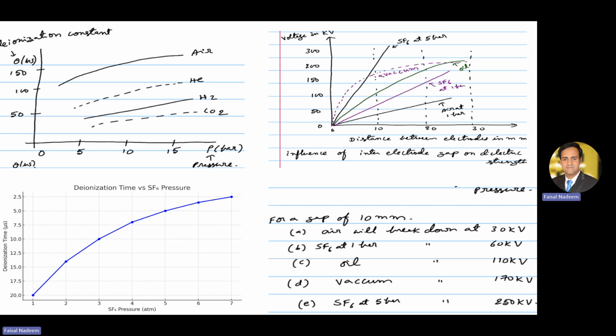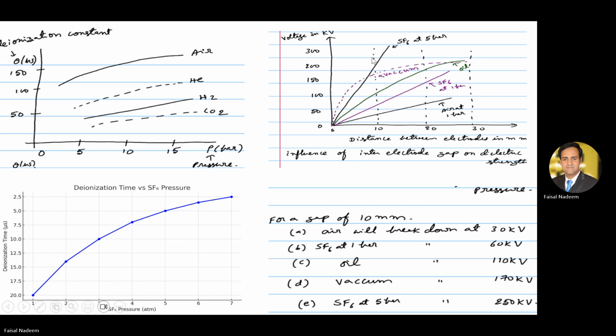So at 1 bar atmospheric pressure, the vacuum circuit breakers take the lead and have the highest breakdown voltage. However, at 5 bars, the SF6 circuit breaker has no match, and it basically bypasses all the other quenching materials used in circuit breakers and has the best results and the highest value.